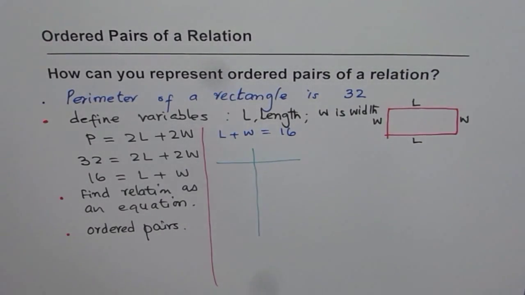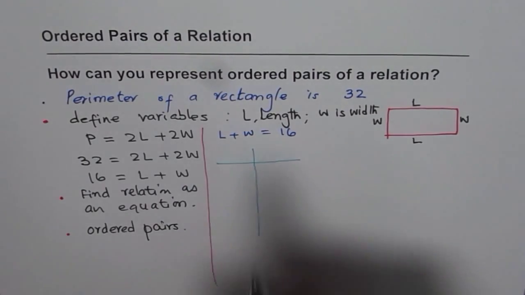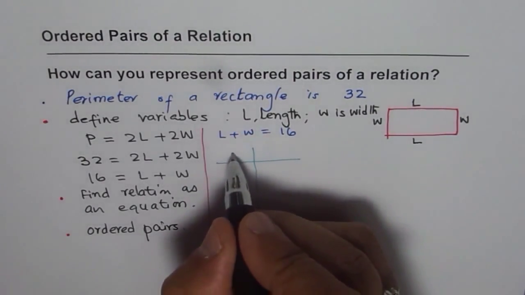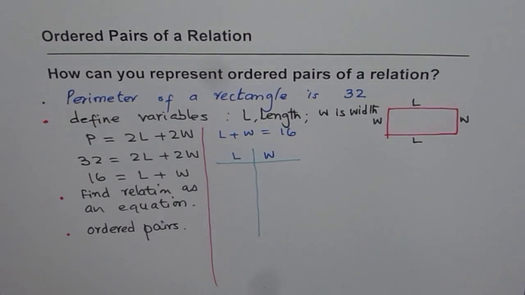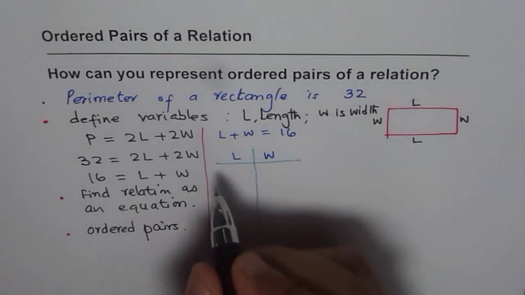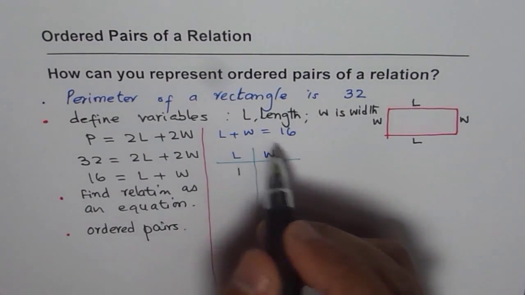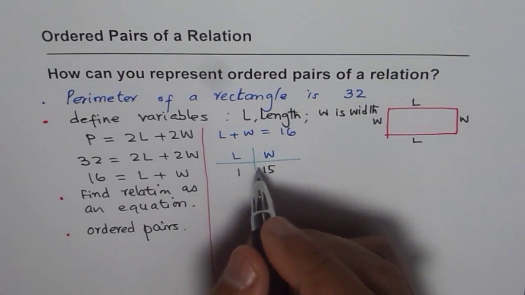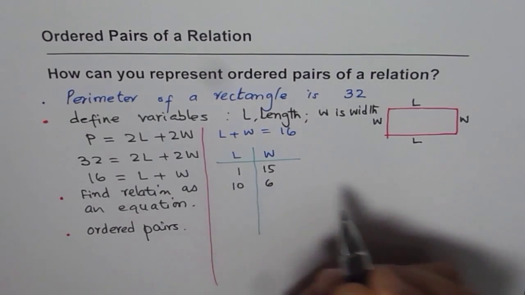So in the table of values, I'll just select some lengths and some widths so that when you add them, you get 16. So what could be those values? If I say that the length is 1, then width should be 15, because 1 plus 15 is 16. If the length is 10, the width should be 6.